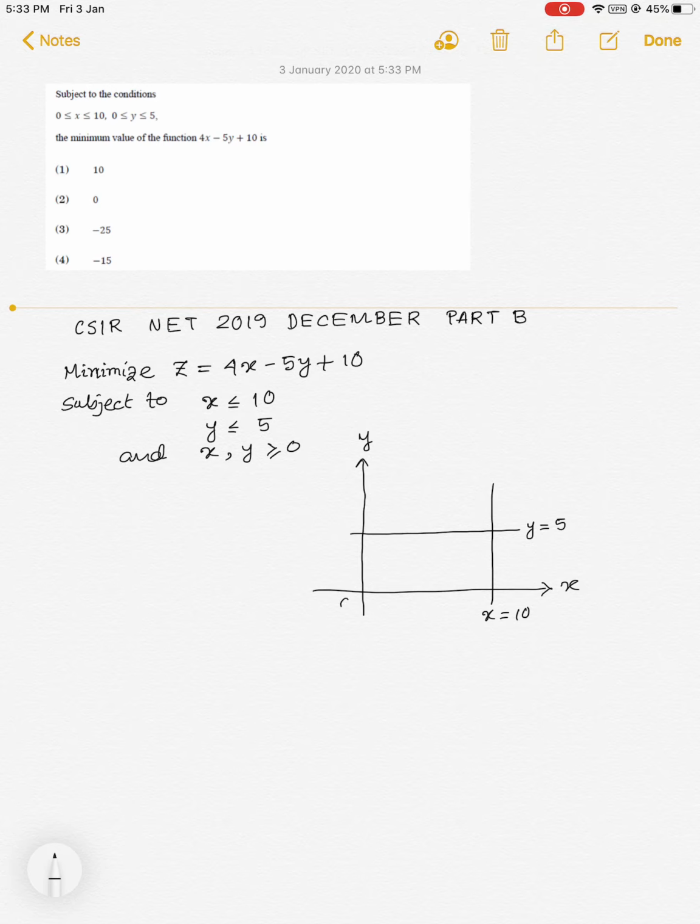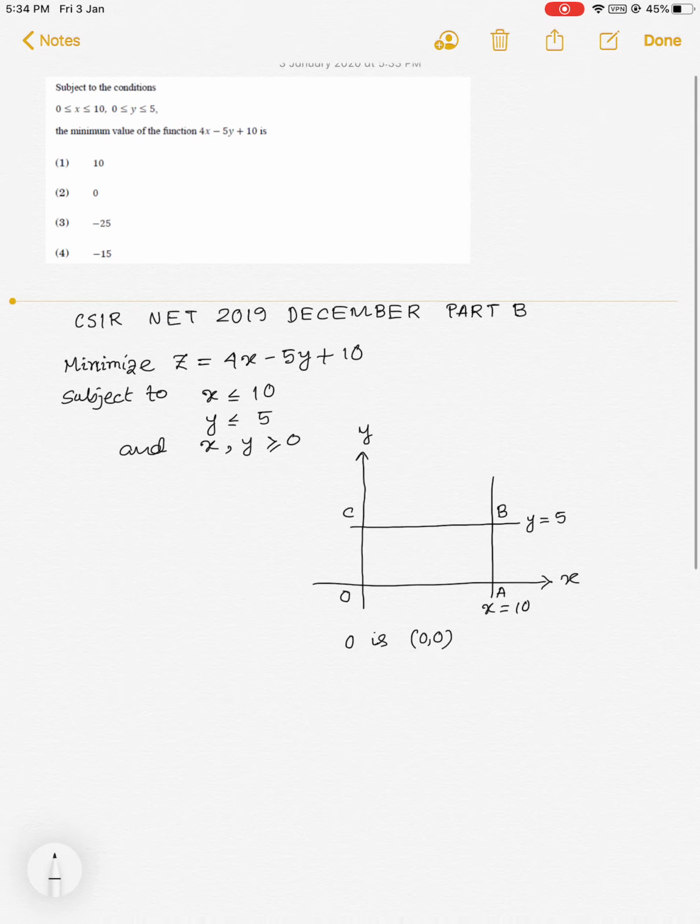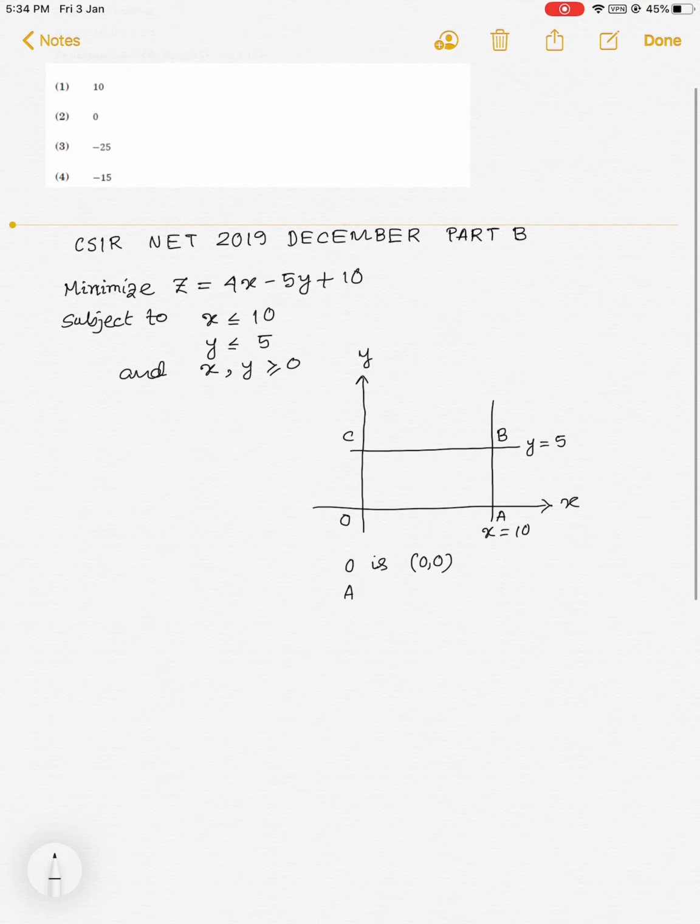Therefore we have the feasible region O, A, B and C, where the coordinate of the point O is 0, 0, that is the origin, and the coordinate of A is 10, 0, the coordinate of B is 10, 5, and the coordinate of C is 0, 5.